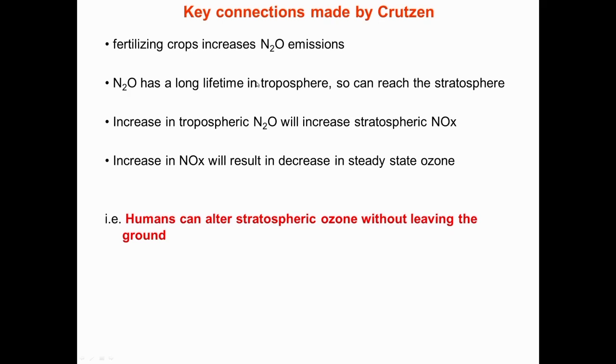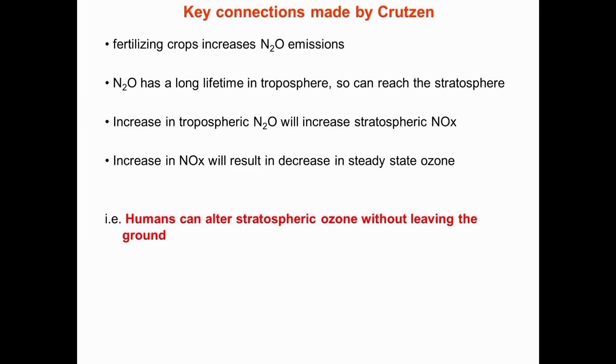The N2O has a long lifetime, it can reach the stratosphere, it increases the stratospheric NOx, and the increase in NOx decreases the steady state ozone. So that was the first indication, the first time that we understood that human activity could actually affect the stratosphere.